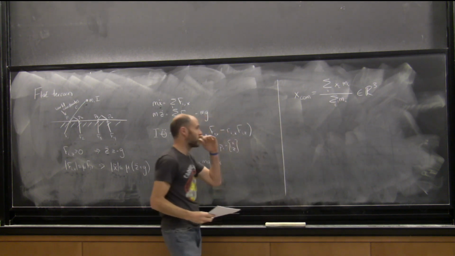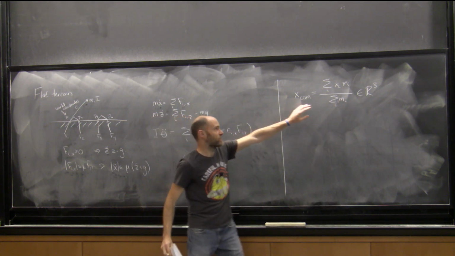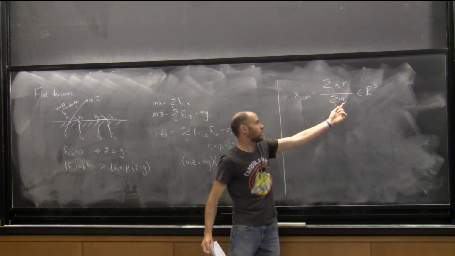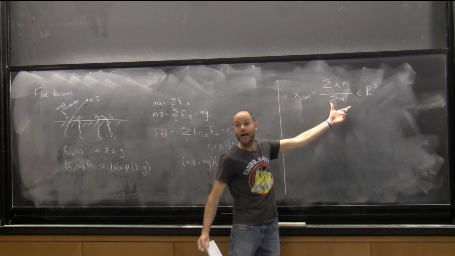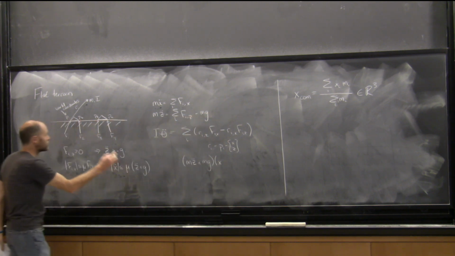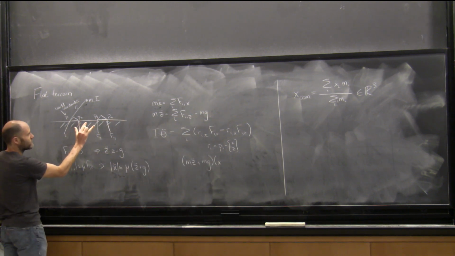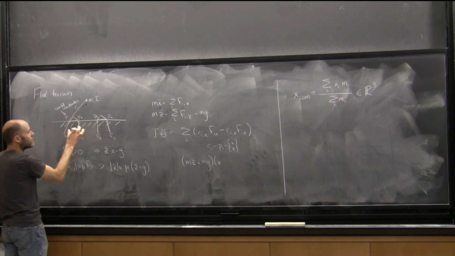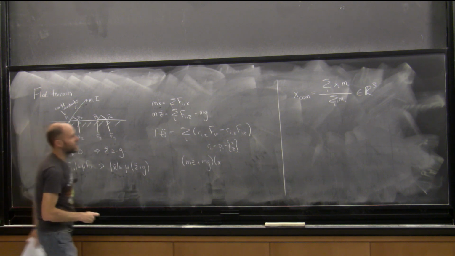Or R2 if I'm in the plane, but right, the center of mass is some single point that is sort of the weighted combination of all of the points. So I'm about to use a new term, which I was about to write without defining, but there's some notion of summarizing all of these forces in a single point, which is called the center of pressure, okay?